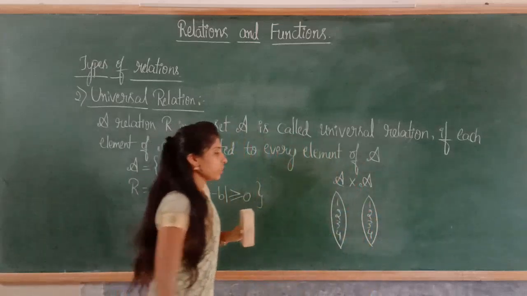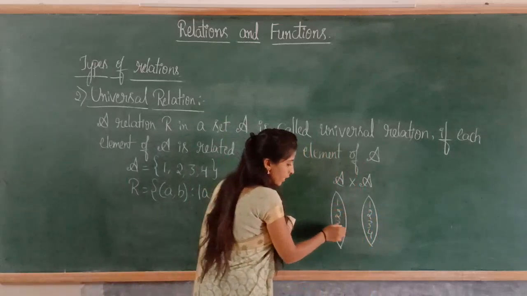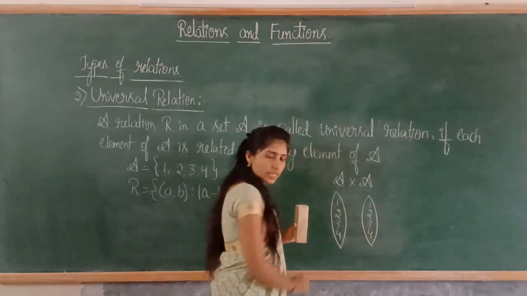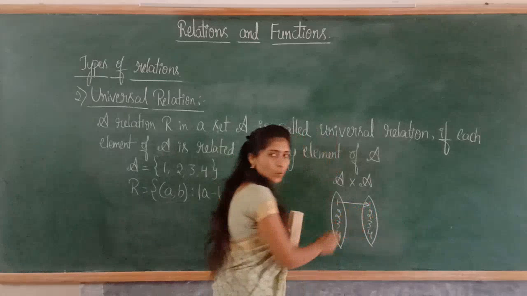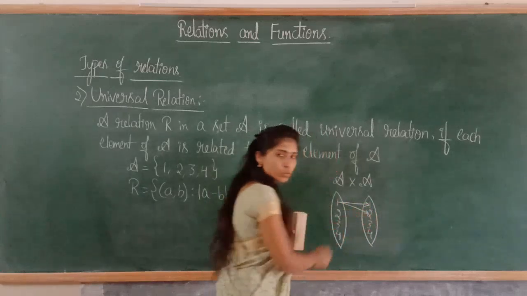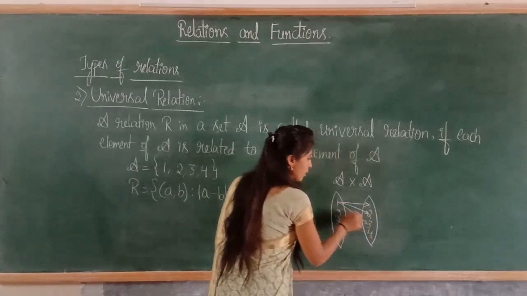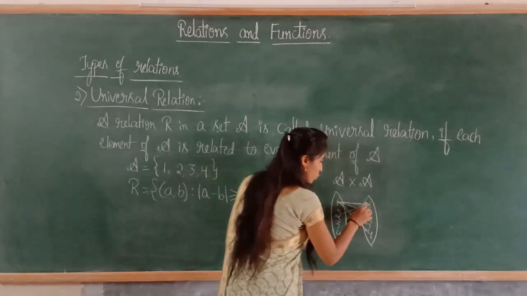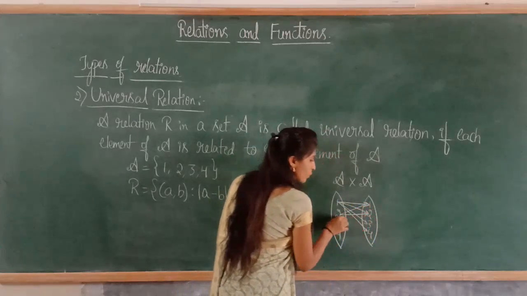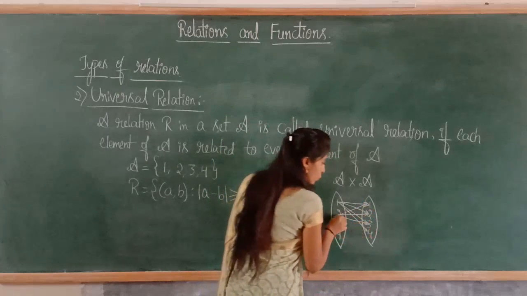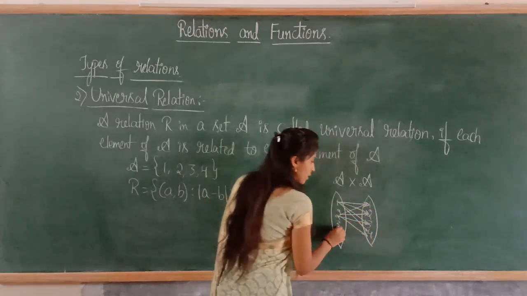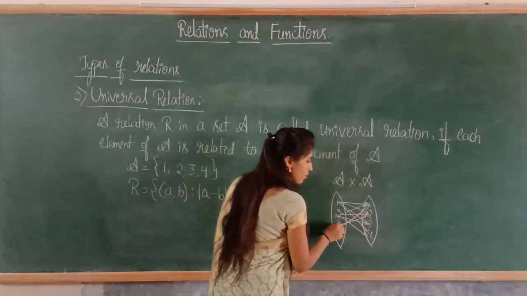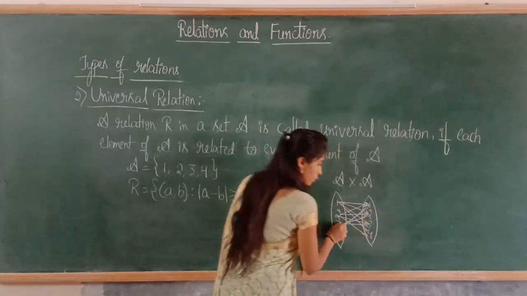By the definition, if each element of A should be related to every element of A here, means 1 is related to 1, 1 is related to 2, 1 is related to 3, 1 is related to 4. And then 2 is related to 1, 2 is related to 2, 2 is related to 3, and 2 is related to 4. And in the same way, 3 is related to 1, 3 is related to 2, 3 is related to 3, 3 is related to 4.